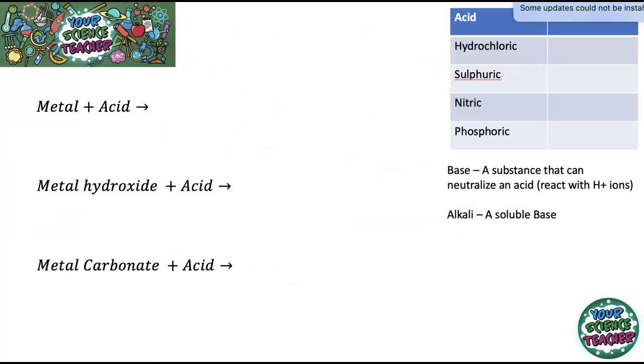As well as knowing about displacement reactions and how to extract metals, we also need to know about some other key reactions involving acids. So if I just have a metal and I add an acid, I will always make the same two products. I will make myself a salt, and I will always make hydrogen as well.